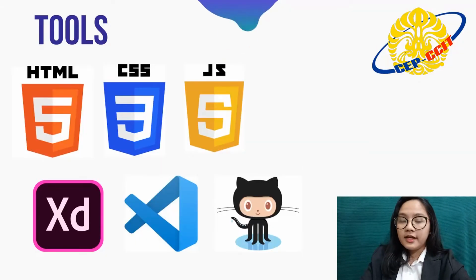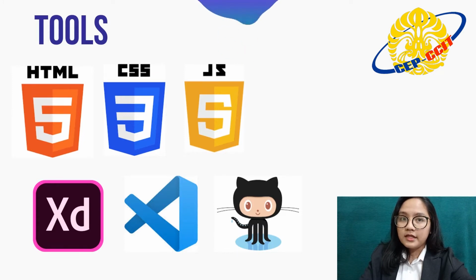In this project, there are several tools that we use to help us create this website. First is Visual Studio Code, an integrated development environment that we use to help us create this. Second is Adobe XD, which we use to create a mock-up for our website before we create the real website.